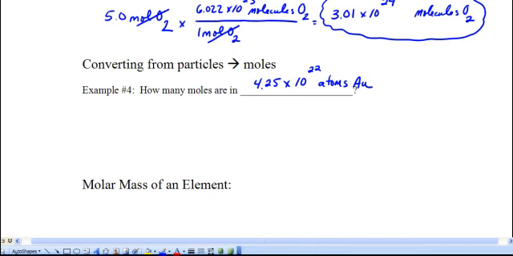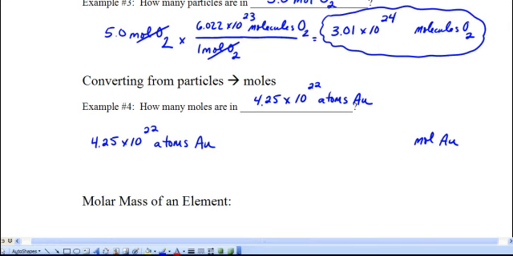We have 4.25 times 10 to the 22nd atoms of gold, and we want to go to moles of gold. Now we're going to use the same conversion that we used up above, except now we're going to flip it. We're going to put the 1 mole of gold on top, and we're going to put the 6.022 times 10 to the 23rd atoms of gold on the bottom.